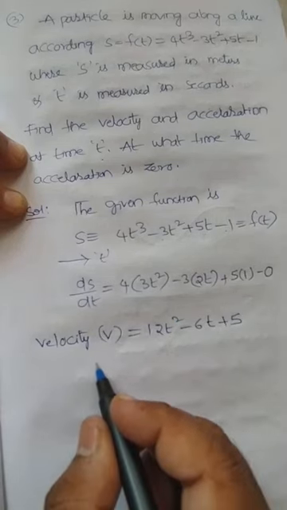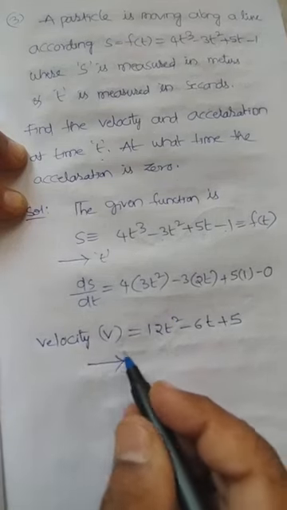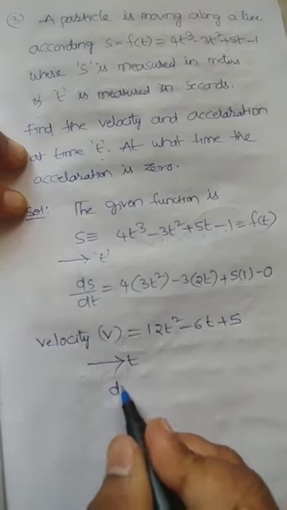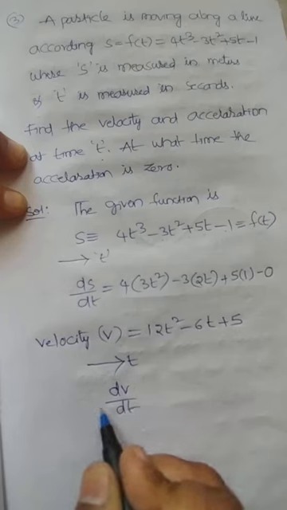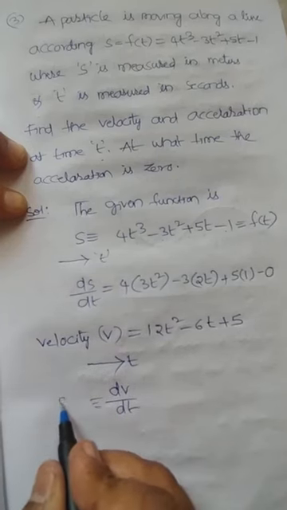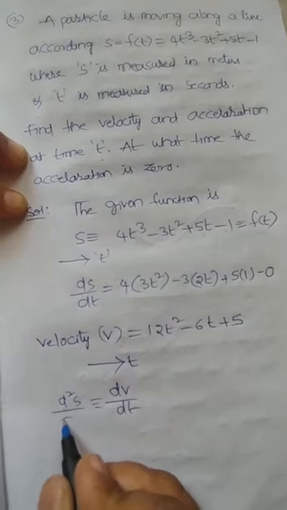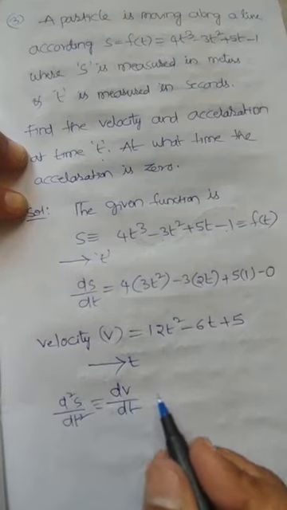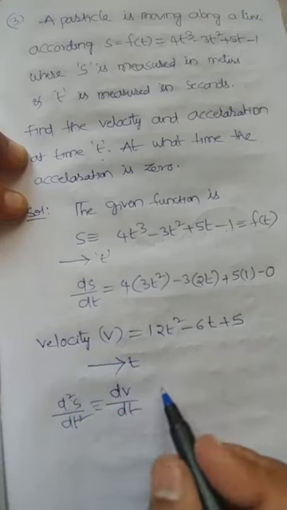Now differentiating the velocity with respect to t on both sides, I get dv/dt, which is also d²s/dt². The second derivative of the displacement and the first derivative of the velocity is the acceleration.